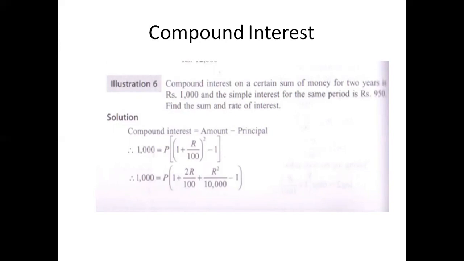Now we have compound interest is equal to amount minus principal. So compound interest 1,000 is equal to P into 1 plus R by 100 whole square minus 1. That is the formula for compound interest. Or we take the A plus B whole square formula, 1 plus twice AB, that is 2 into R by 100, plus B square, that is R square by 10,000, minus 1.